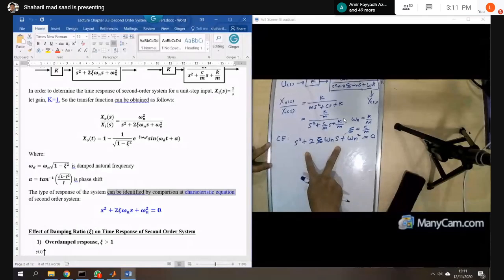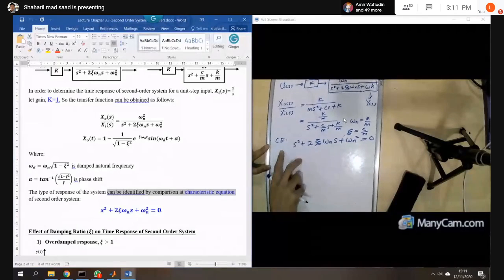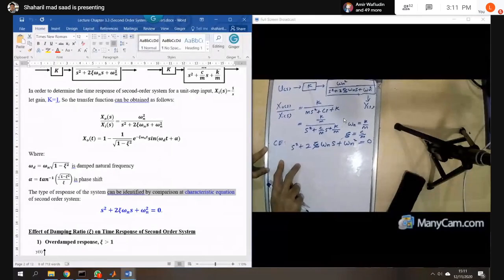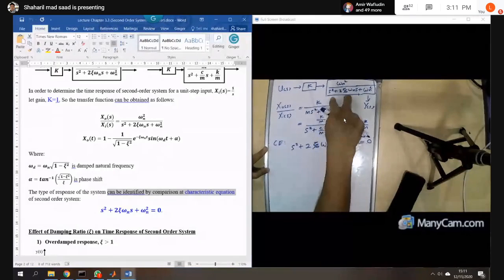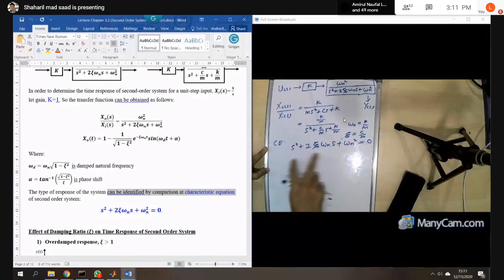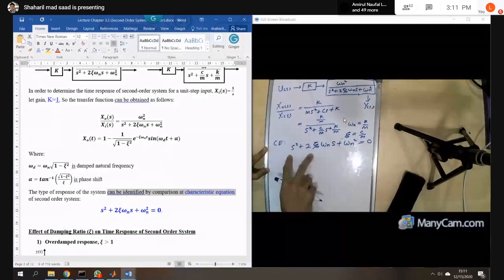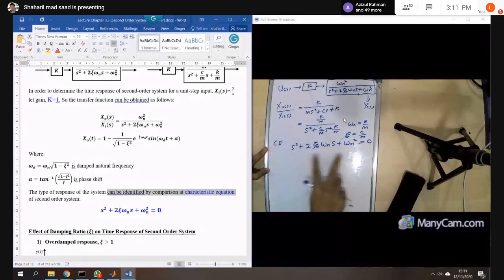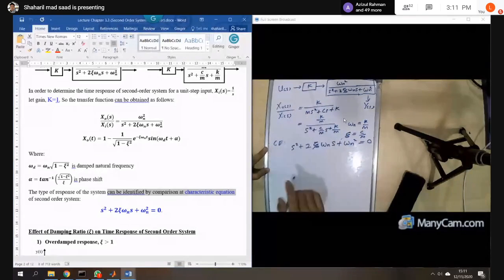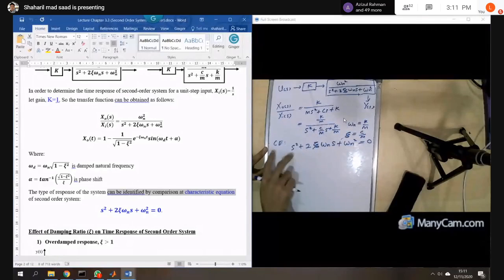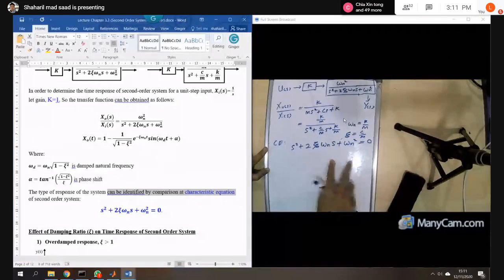Based on this characteristic equation, we can know the behavior of the system. For example, this second order system: by having the characteristic equation, we can know the behavior and the performance. If you are given a third order system, by knowing the characteristic equation we can also know that.